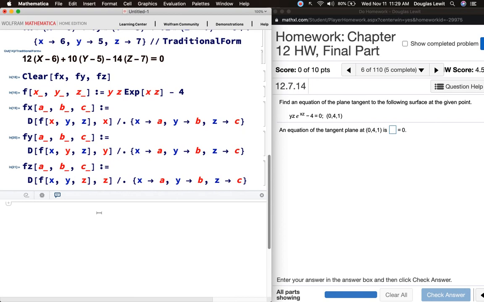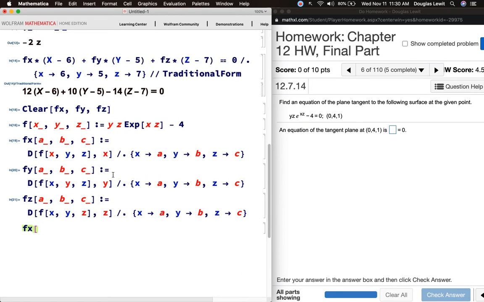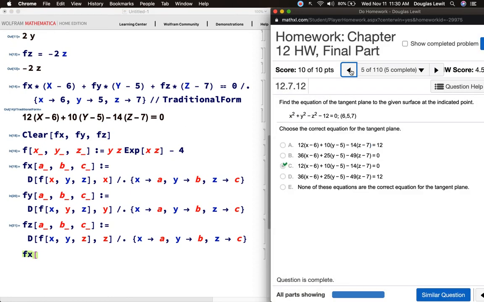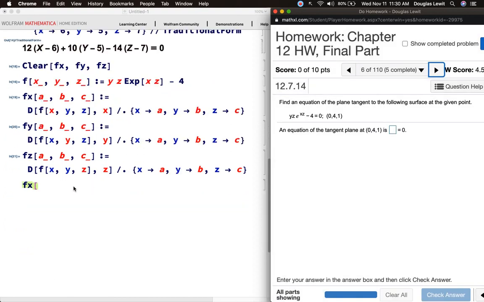So the tangent plane is going to be fx. One moment. I just want to see something right over here. Okay.